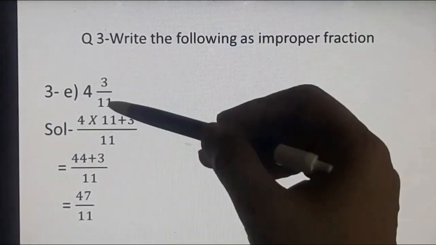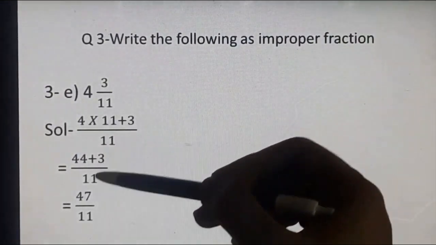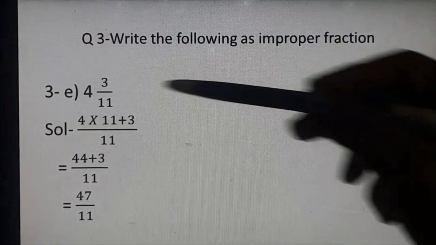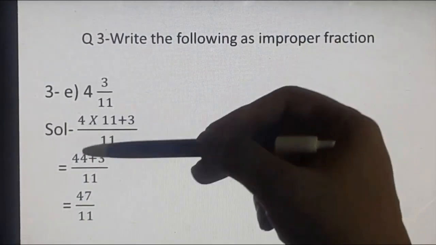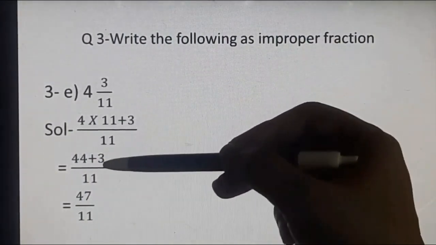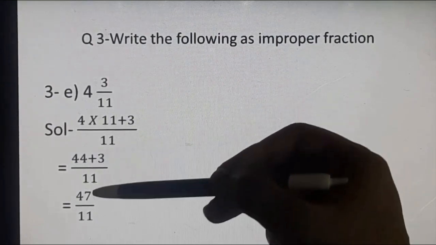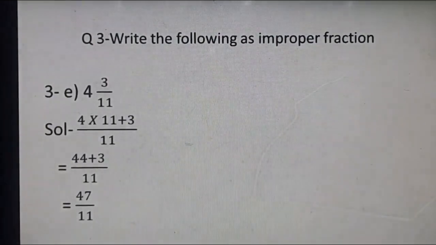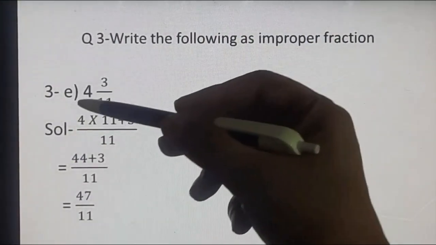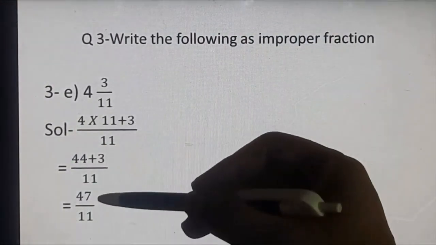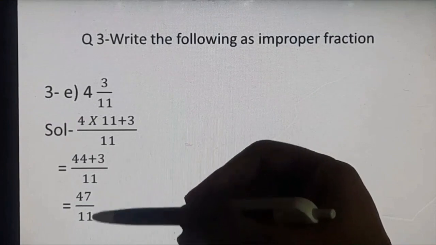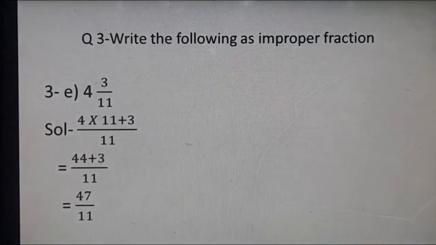The denominator is always 11 in all the steps. Now 4 into 11 is 44. 44 plus 3 upon 11. 44 plus 3 is 47 upon 11. So 4 whole 3/11 is changed into 47/11.